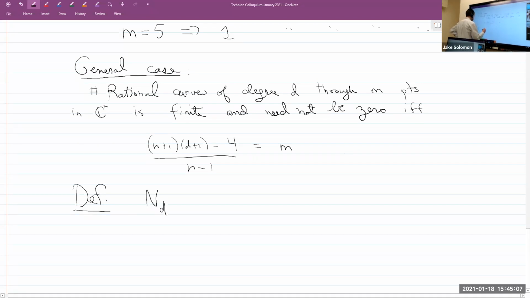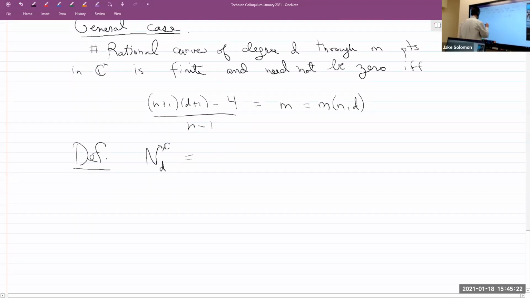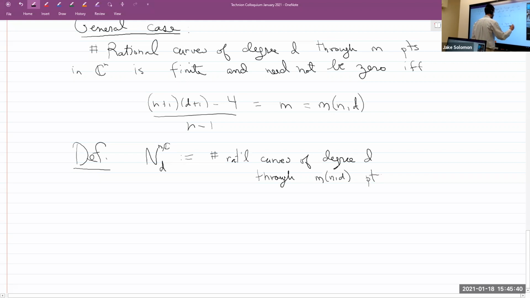You define N_d, let's call this m of n and d, the number of rational curves of degree d through m(n,d) points in C P^n.